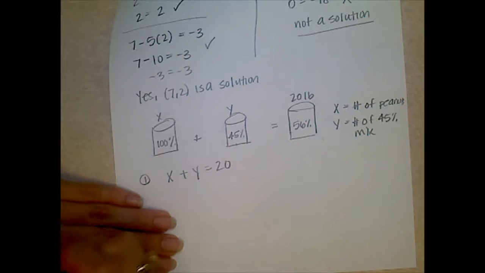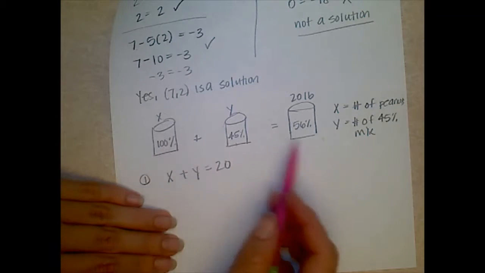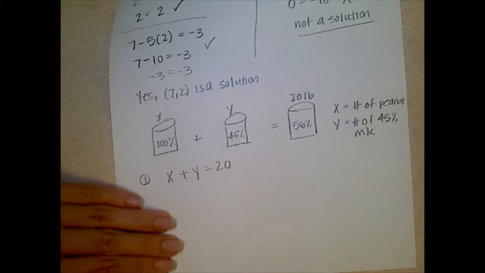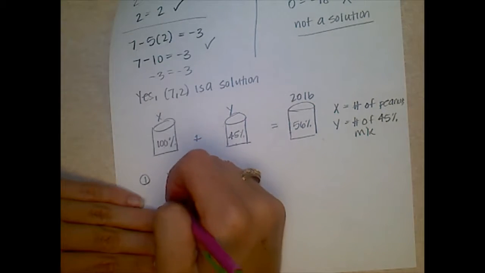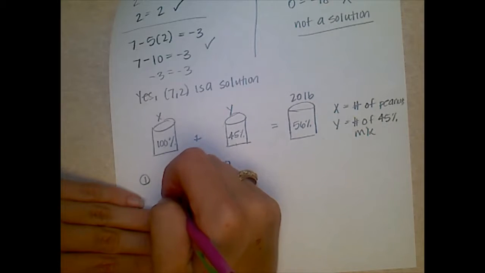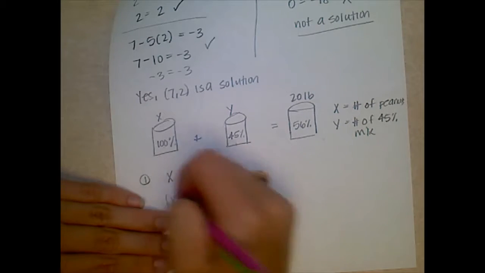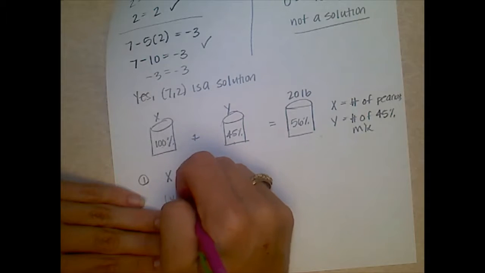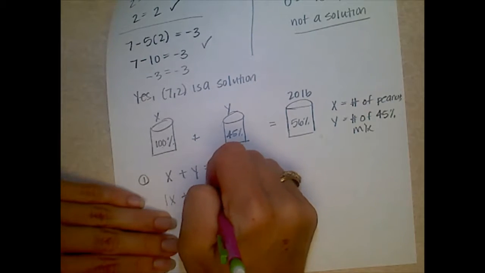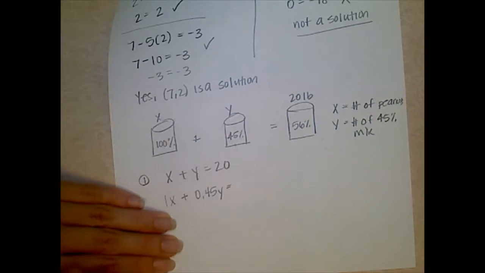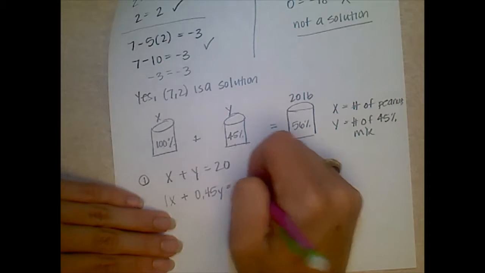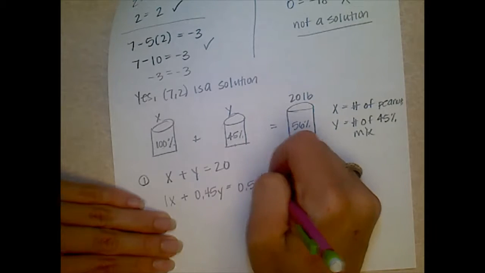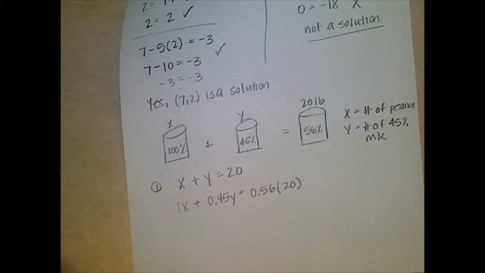The second equation, we had to figure out how we're going to make this work. You know about percentages. When you take a percent to make it a decimal, we move the decimal place over 2 times, so that makes 100% into 1. So we're going to have 1x, plus 0.45y, equals the 56% mixture, and we need 20 pounds of it.